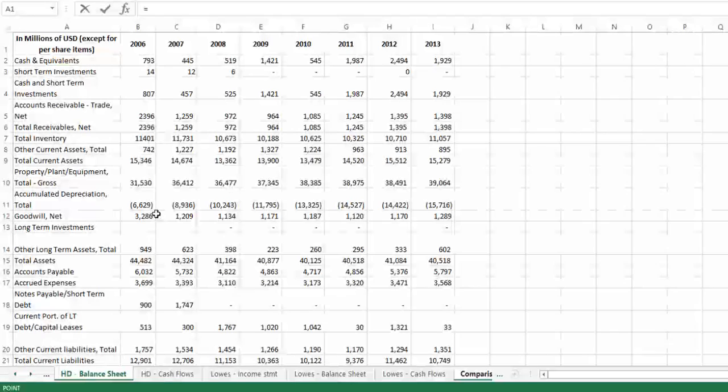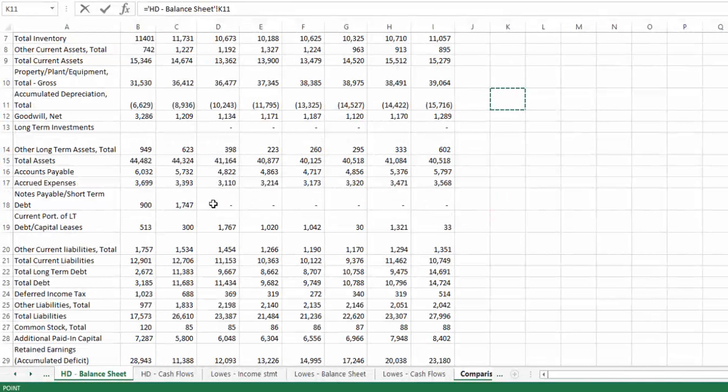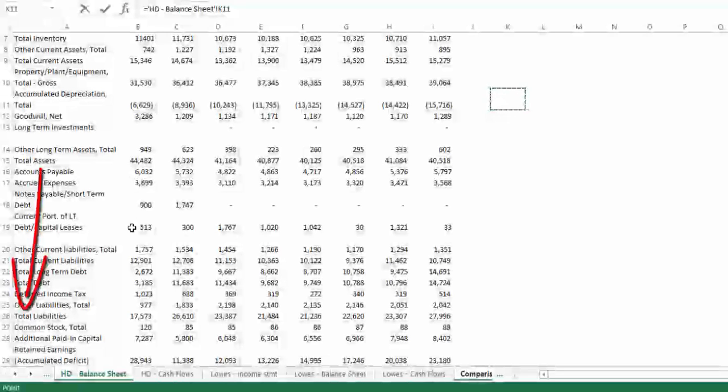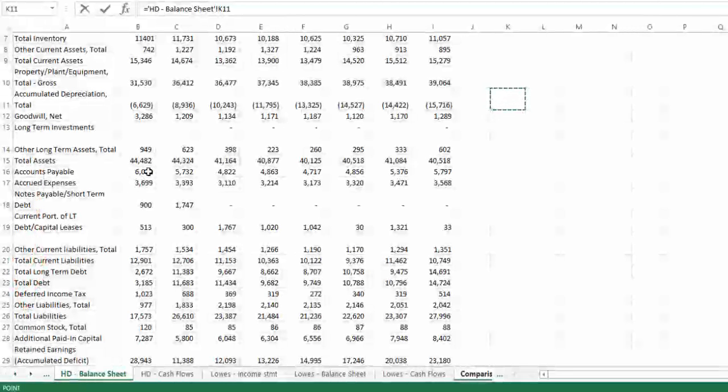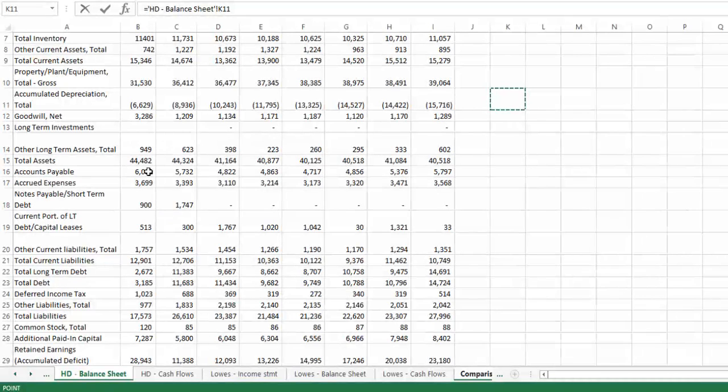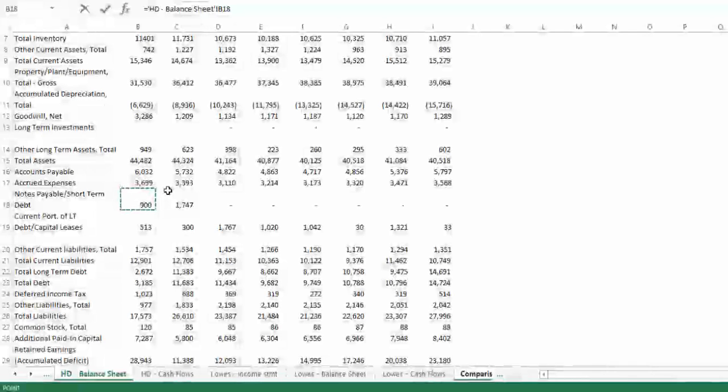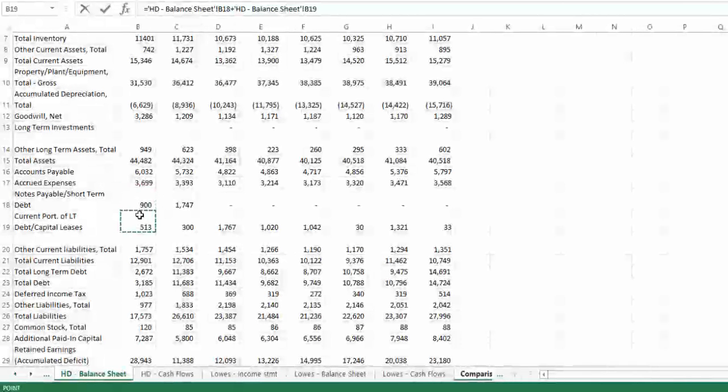And they're going to be in the liabilities section. So I'm going to go past the total assets down here to the liabilities. Accounts payable is a liability, but it is not an interest-bearing one. Neither is accrued expenses, but the notes payable, short-term debt, I am going to assume is a debt. The current portion of long-term debt would be another thing that we're going to include.